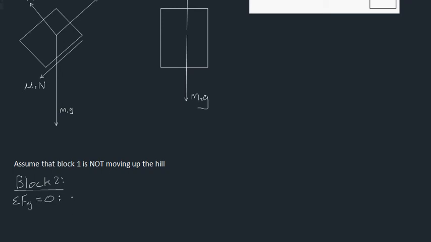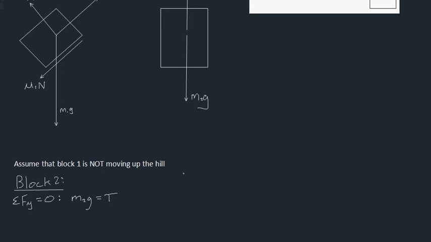Consequently, m2g is going to be equal to T, right? And this is only true under this assumption. If the block was moving, then this might not necessarily be true. I mean, the block could be accelerating downwards, right? Alright, so that's under the assumption.